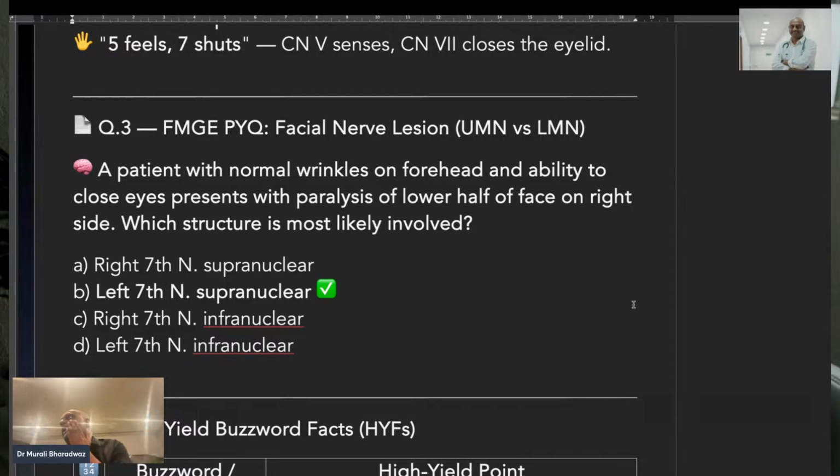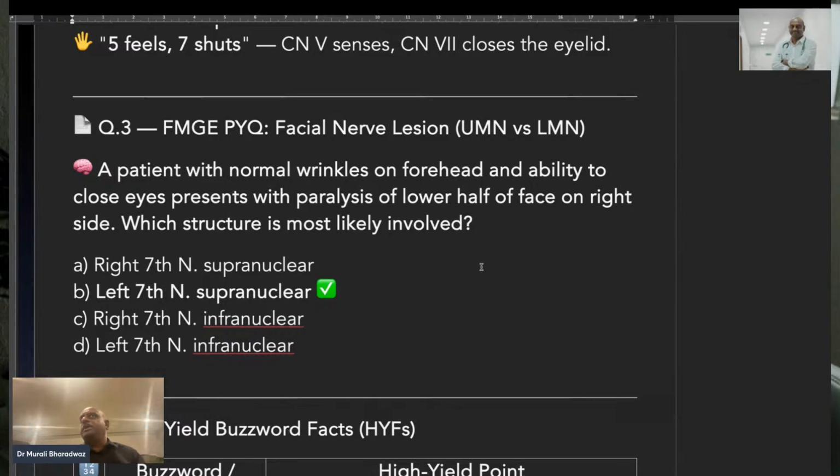That's the reason if your right lower part of the face is affected, that means it is a left upper motor neuron lesion. If the entire left half is involved, then it is directly at the level of the facial nerve nucleus, infranuclear. Understand? So please remember.